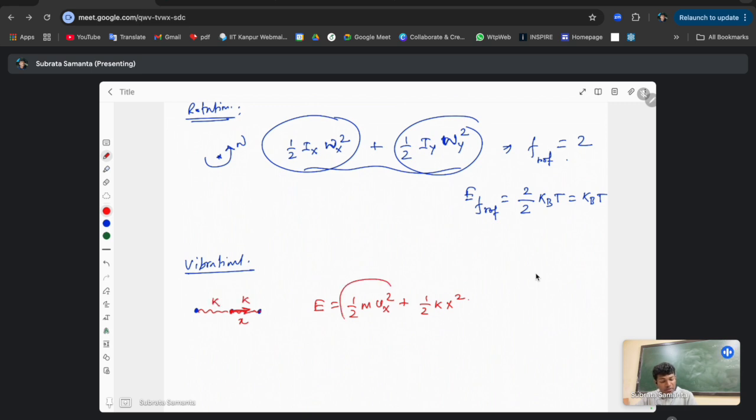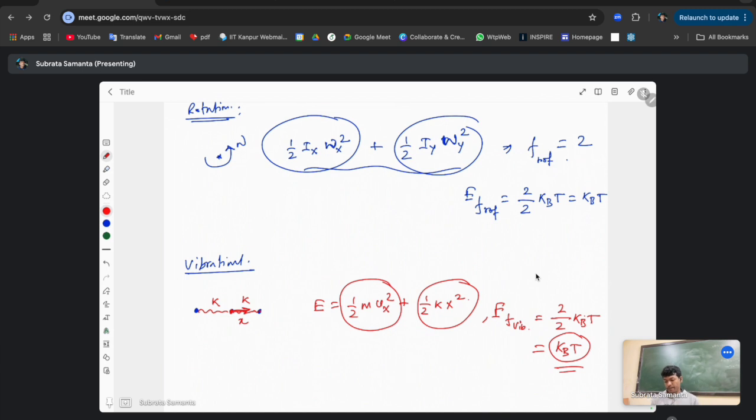Now for each vibrational mode, it gives you a kBT, right? Because the two terms, Vx square and x square, give you 2 by 2 kBT. So each vibrational mode gives you kBT. I mean the energy for each vibrational mode is basically kBT.